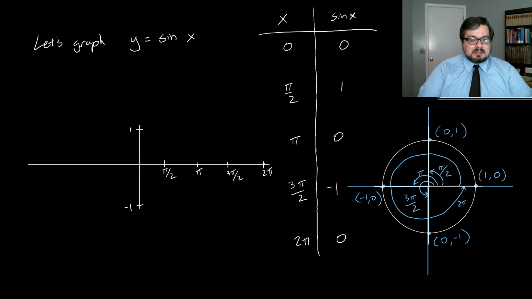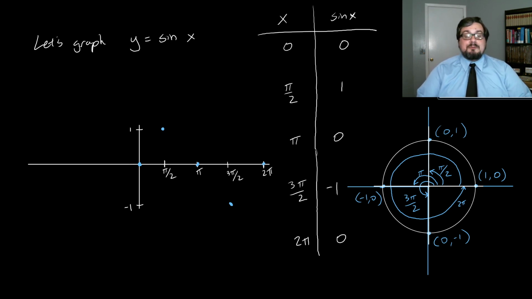So let's sketch this out. So we know that when x is 0, sine is 0. When x is pi over 2, sine is 1. When x is pi, sine is 0. When x is 3 pi over 2, sine is -1. And when x is 2 pi, sine is 0 again.